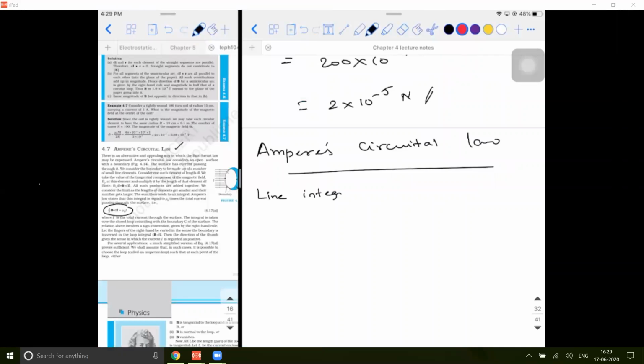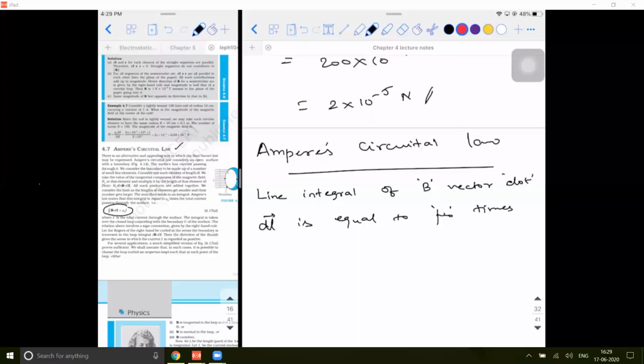The line integral, make a note of it, line integral of B vector dot dl vector is always equal to mu naught times the current enclosed by a loop called the Amperian loop. Just like how we have a Gaussian surface, here we have something called an Amperian loop.